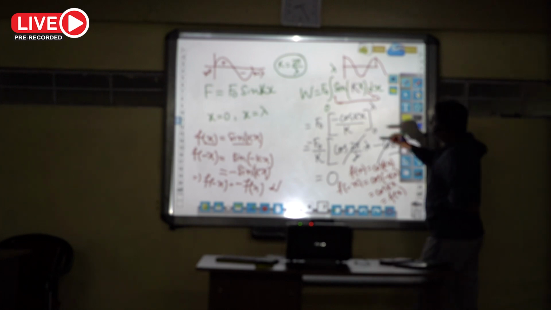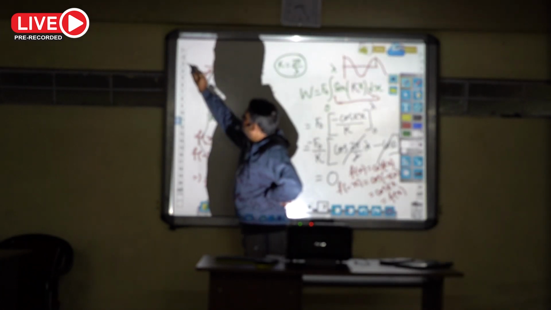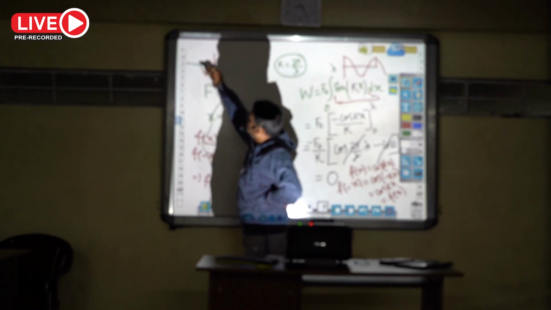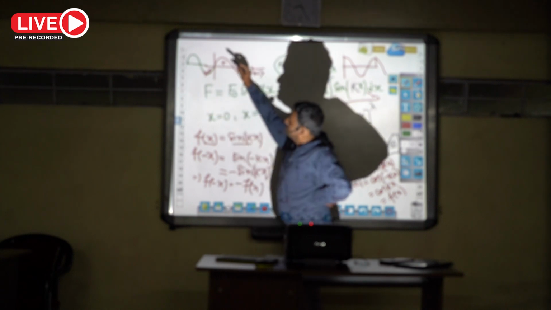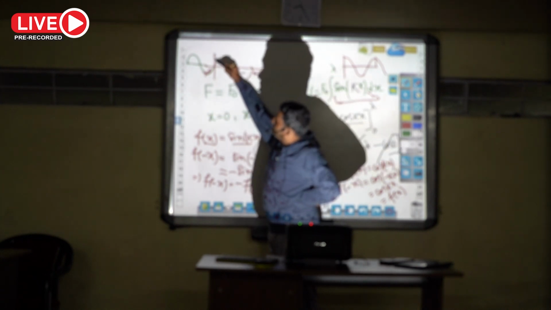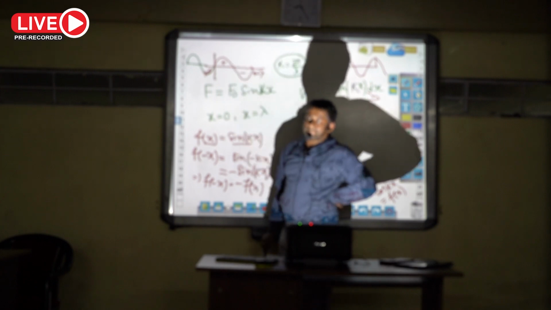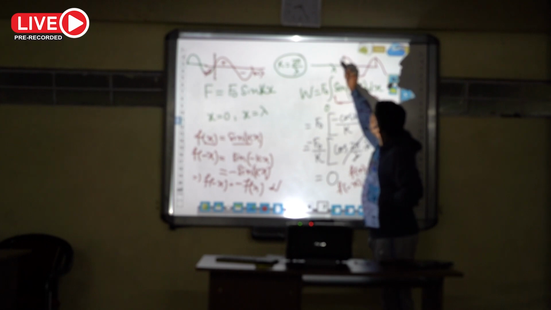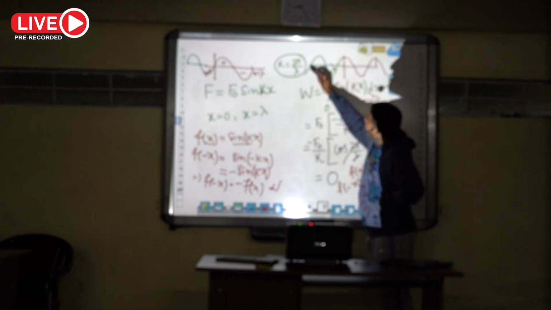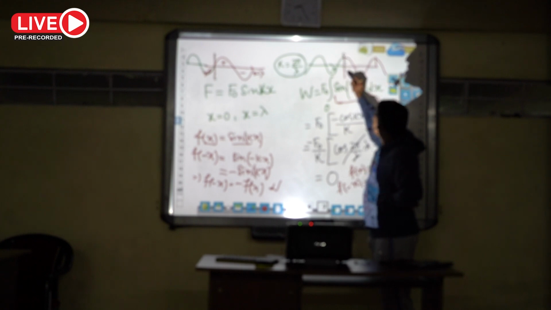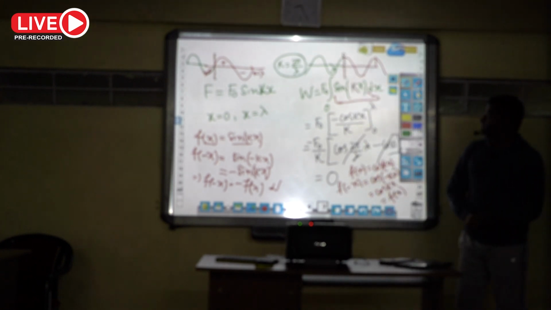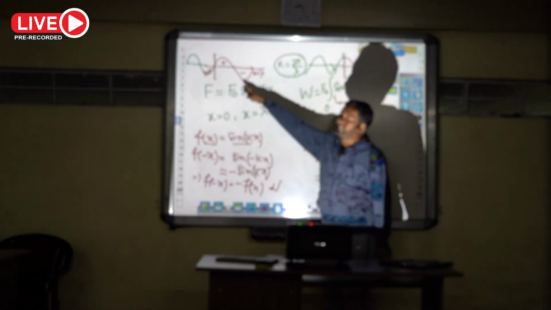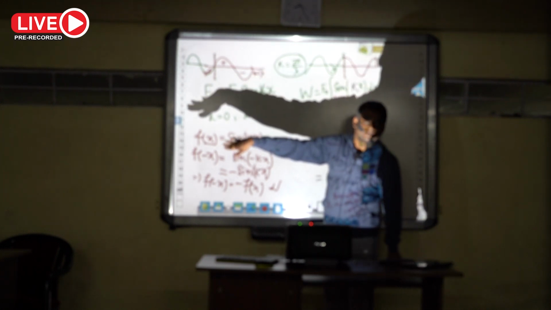If you draw the remaining part of this graph on this side, this is the graph of sin x. Just check, consider that this one is a mirror, and similarly draw the graph of cos x and consider this one is a mirror. This is exactly a mirror reflection, but that is not a mirror reflection, it is an inverted mirror reflection.